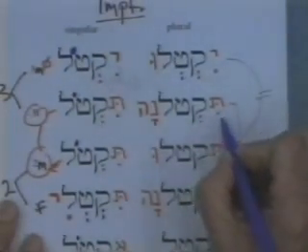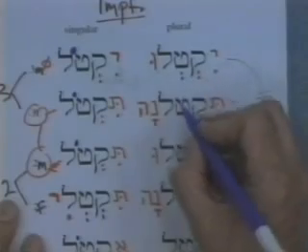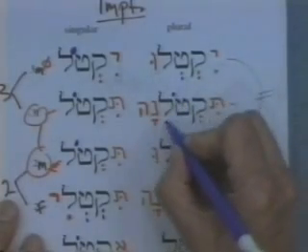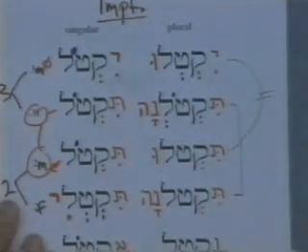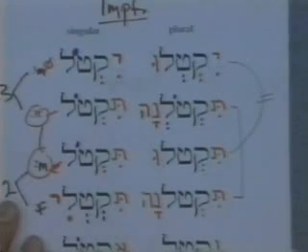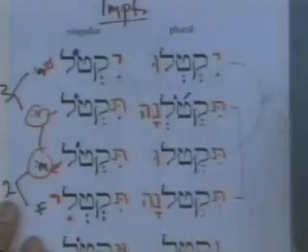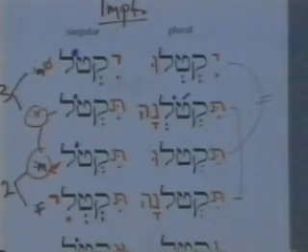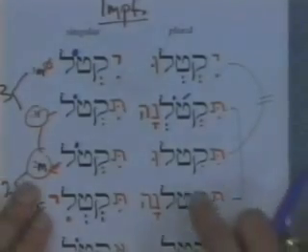What's this going to look like? Tik-tol-na. It's tik-tol plus na. You just leave it and add the consonantal suffix. Now the accent stays away from that consonantal suffix just like it did in the perfect. So it's tiktolna. Tiktolna.